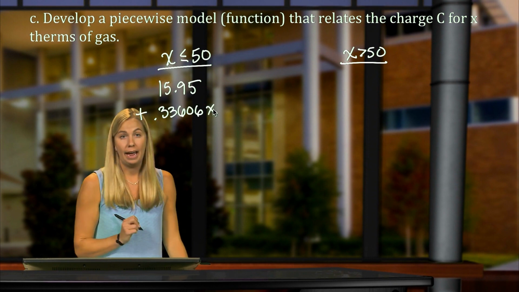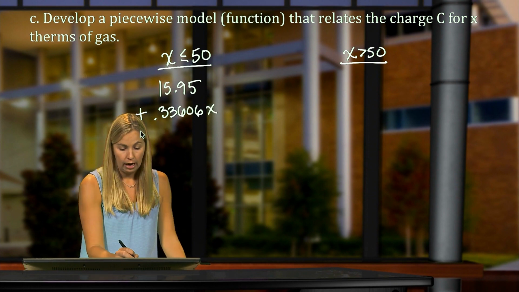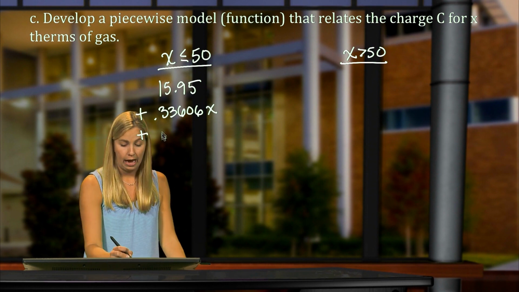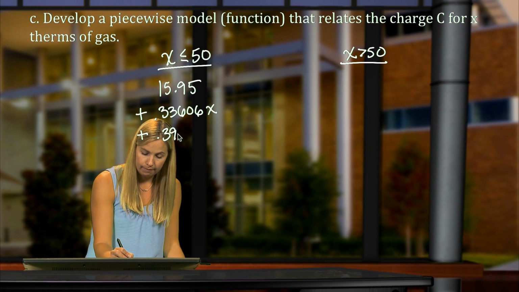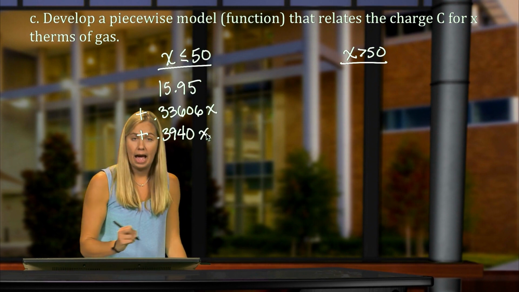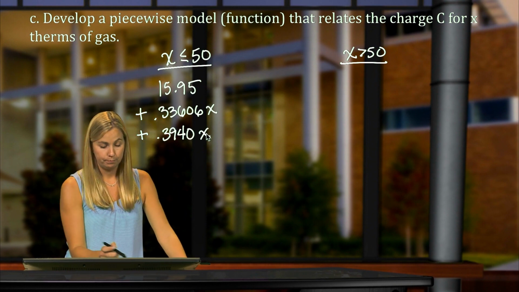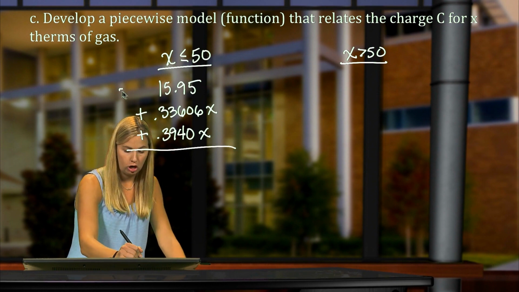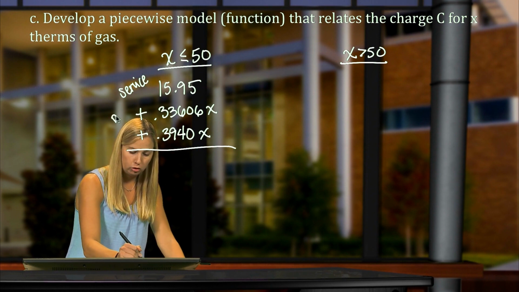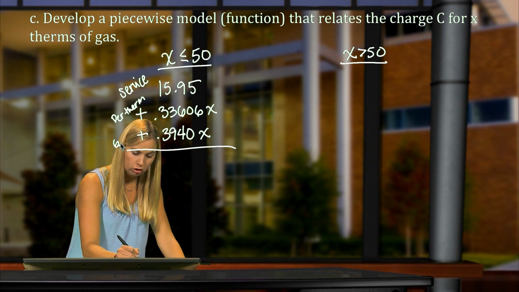We multiplied that by x. And then we also had our gas charge. Our gas charge was the 39 cents, and we multiplied that by our 50 therms. So this was our service charge, this is our per therm charge, and this is our gas charge.